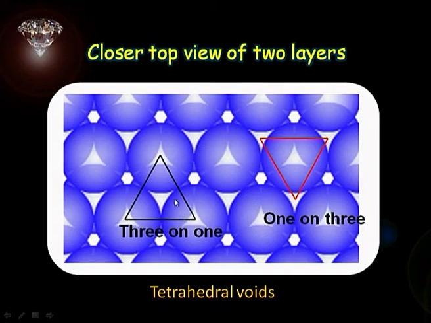Now, what you find here is that in this case of 3 on 1, what do we have? You see that there is an atom behind it, that is of layer 1, and then these 3 atoms of layer 2 are overlapping that. So, what you are getting is this space in between, that is my tetrahedral void. Let me just show it to you with the help of a model here. Say this is the one atom I have taken of the first layer, and there are the 3 atoms, or a trigonal void, of the second layer.